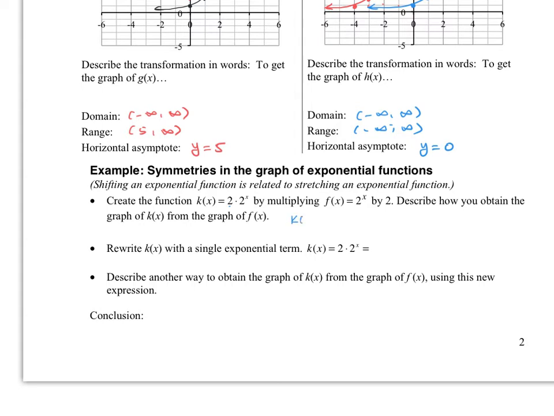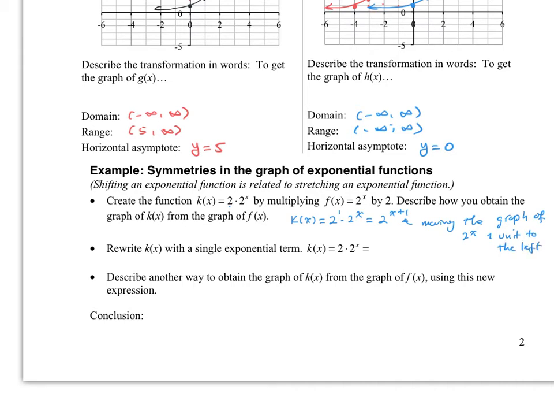So k of x will be 2 to the 1 times 2 to the x, and by the properties of exponents, this will be 2 to the x plus 1. Remember that this means moving the graph of 2 to the x 1 unit to the left.